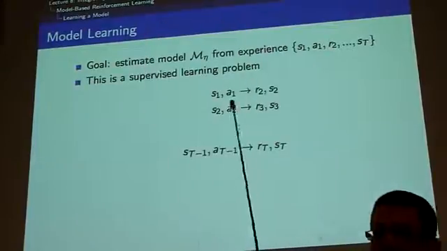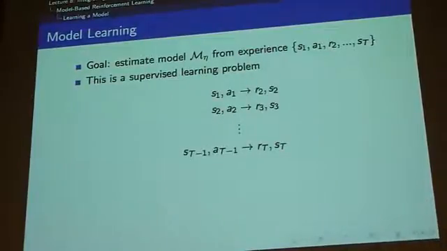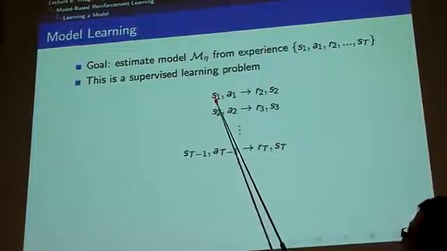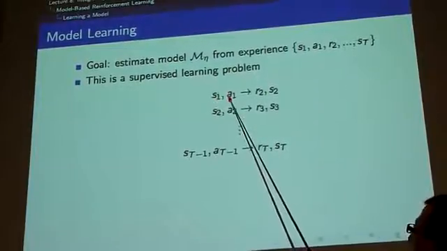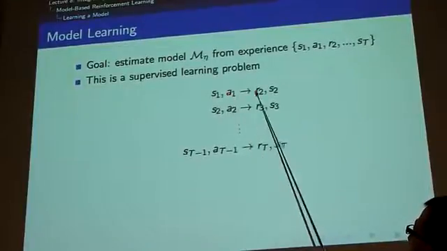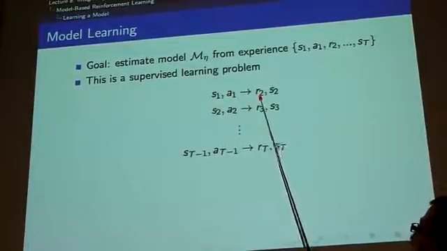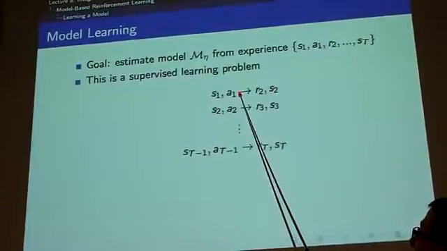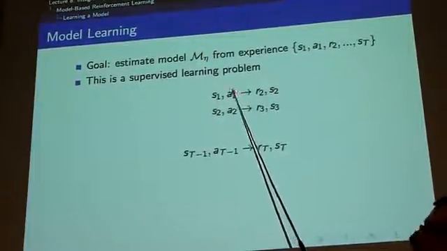So, as I mentioned before, this is a supervised learning problem, so let's make that concrete. The agent was in state S1, it took action A1, and it ended up getting a reward, R2, and ending up in state S2 as a result of being in this state and taking this action. So that's one training example.